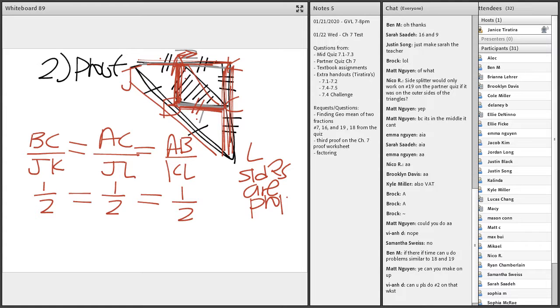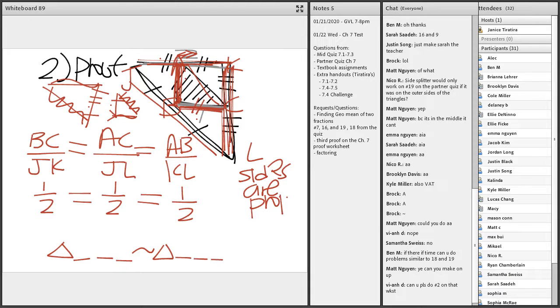So these two triangles, I know I didn't mark it well, but these two triangles are similar because of side, side, side. So then we finally say, boom, the triangles are similar by side, side, side, because we showed that the sides are actually proportional. So they all have a 2:1 or 1:2 ratio.